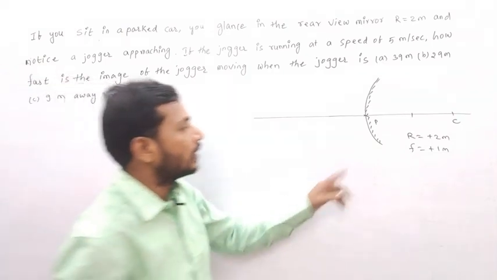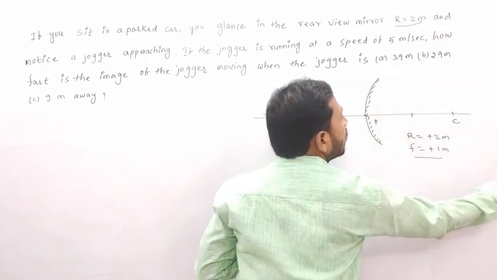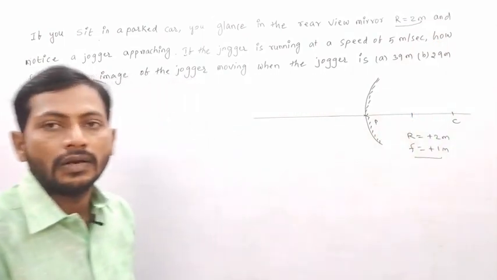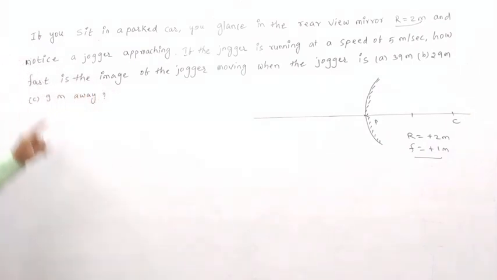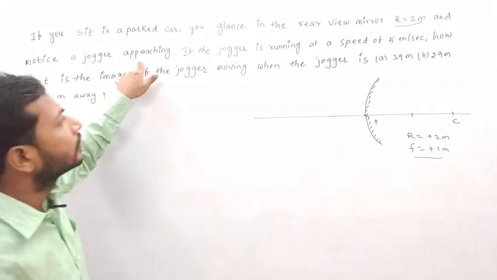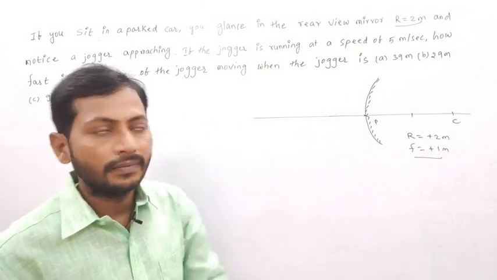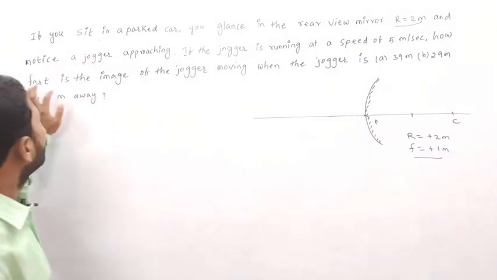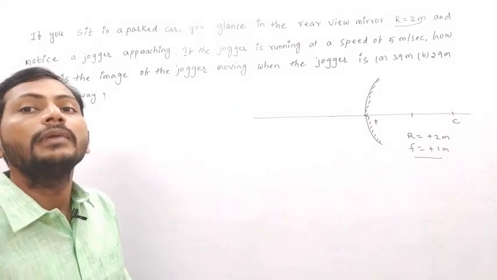By using this information, I marked the focus. The jogger, that is a person, is approaching with a speed of 5 meter per second. How fast does the image move when the jogger is at 39 meter?